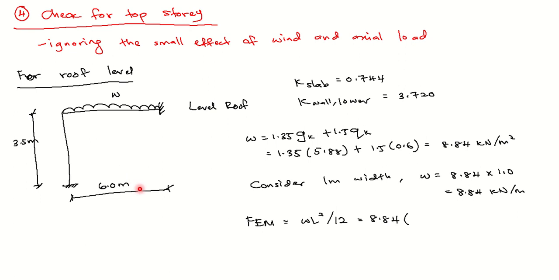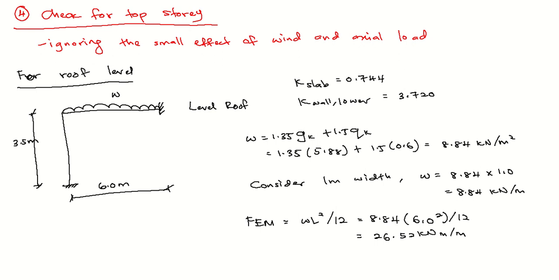We are considering the slab here, so the W 8.84 times the L, 6 meter square over 12, we will get 26.52 kilonewton meter per meter.